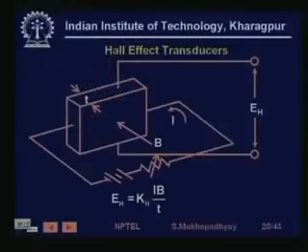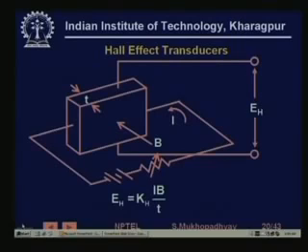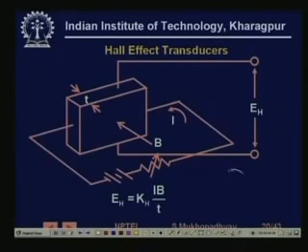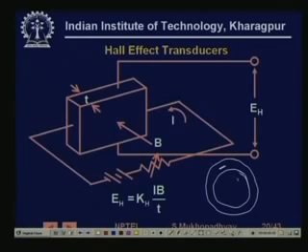For example, in the case of a motor, suppose you put a Hall sensor on the stator, and there is a rotor. I am drawing an abstraction. Suppose there is a rotor which is creating a magnetic field along this axis. This rotor is rotating.